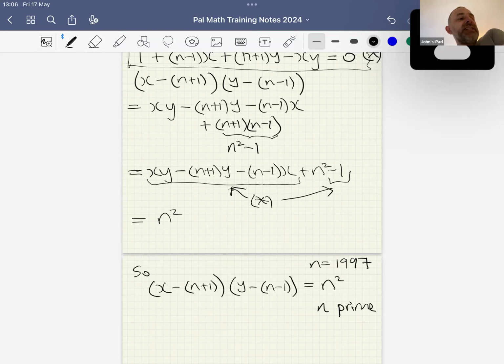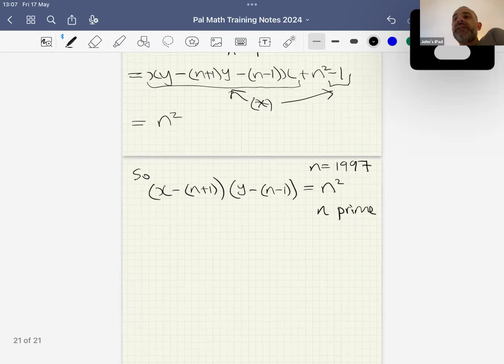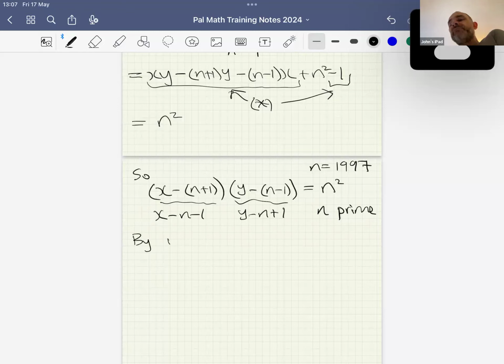So it turns out that we've got two factors here, x minus n minus 1, and this is y minus n plus 1. So by unique factorization, here are the possibilities.